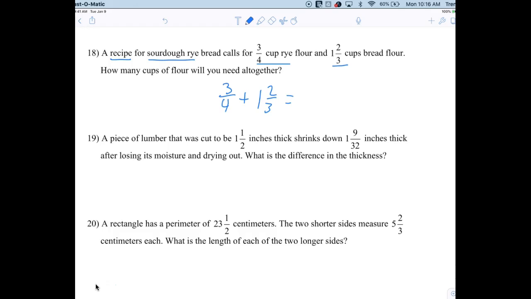Come on. 2 and what? 2 and 5/12 what? That's correct. Cups. Beautiful. Well, remember, the operation has to be down.